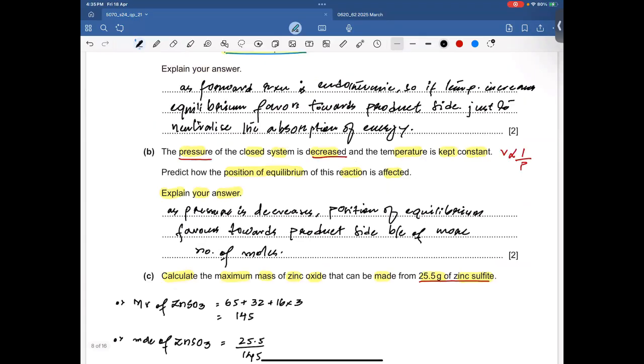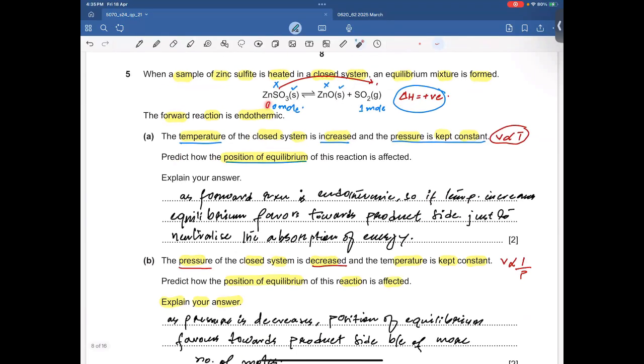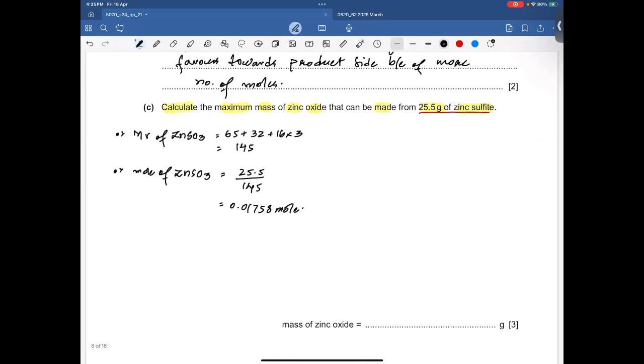Moles. Now, according to the equation, zinc sulfide and zinc oxide have a 1:1 ratio. So if we have 0.01758 moles, then moles of zinc oxide will also be the same, 0.01758. To get the mass of zinc oxide, I need the MR of zinc oxide.